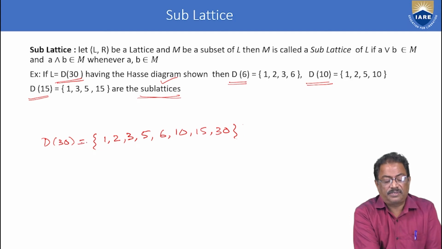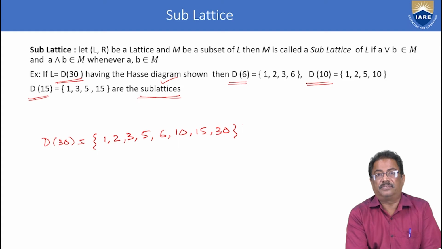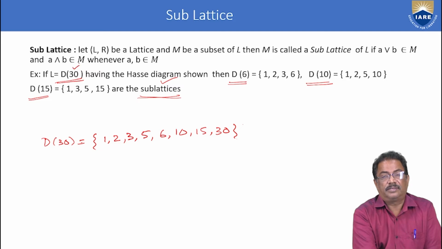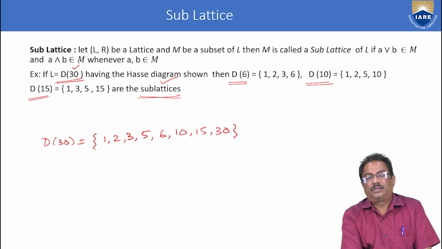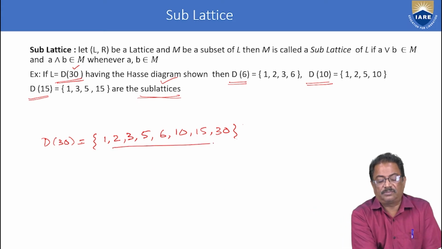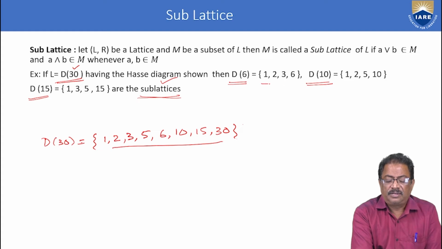So divisors of 30 consist of 8 elements: 1, 2, 3, 5, 6, 10, 15, 30. The set of all elements up to 30 which divide 30, those elements we have to consider.